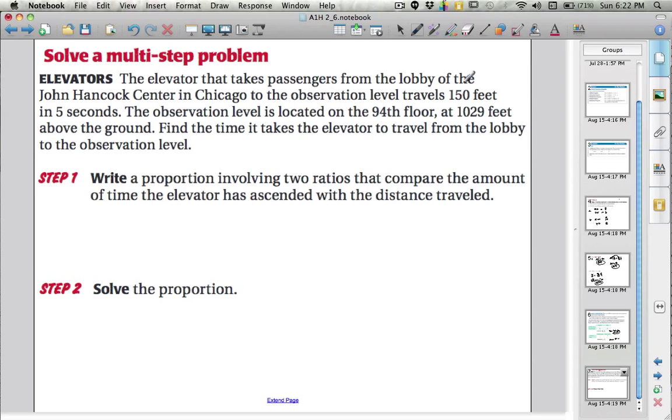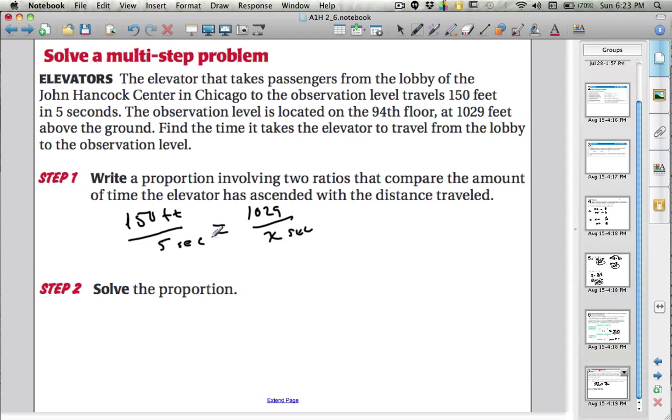Okay, well, a traditional way to put this together is that speed is related as feet per second. So if I put it together as 150 feet in 5 seconds, that's the way I would calculate its speed. And then with feet in the numerator and seconds in the denominator, I would go 1,029 feet in x seconds. Okay, that's a way to go about it.